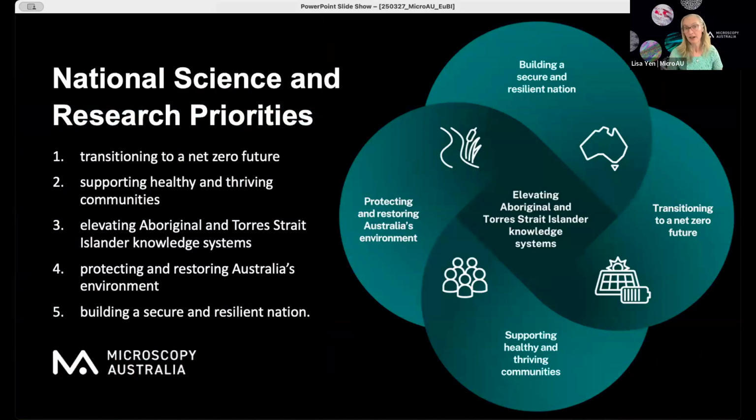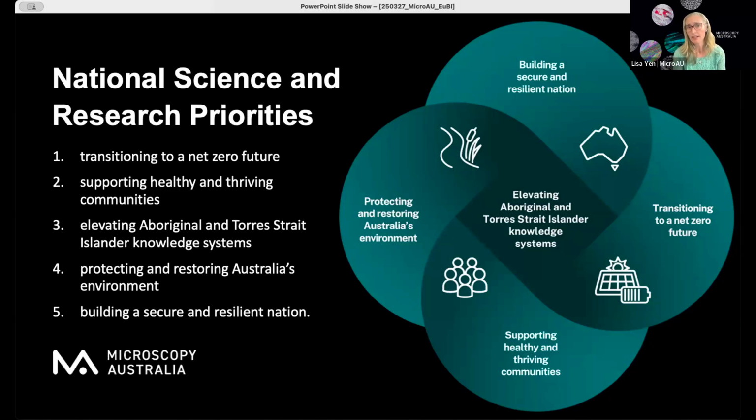And so that's how they identified those 5 priorities. You will see that there is a real focus on recognition of First Nations knowledge systems within a science and research framework. But still, it is about focusing on a secure and resilient nation, net zero, healthy and thriving communities, and of course, protecting and restoring the environment.